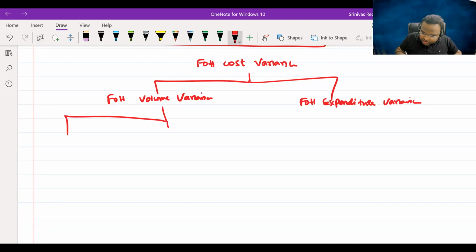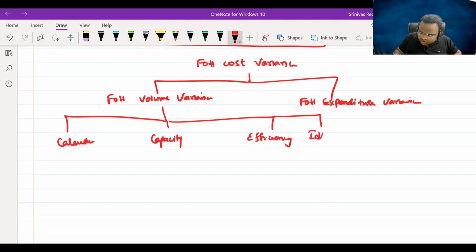Fixed overhead volume variance is subdivided into calendar variance, capacity variance. Sorry, first capacity. Oh, okay, calendar, capacity, efficiency, idle time.